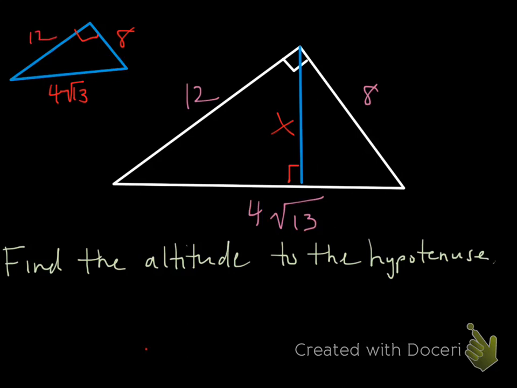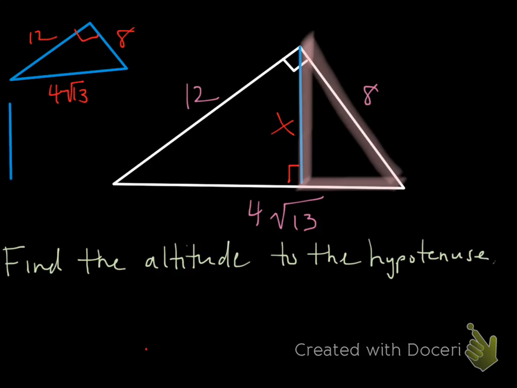Okay, and I'm going to go ahead and use this triangle here in order to solve. So to set this triangle up, it's going to look something like this. And you have your x here and 8 here. And this is some portion of 4 square roots of 13, which is not going to be relevant.